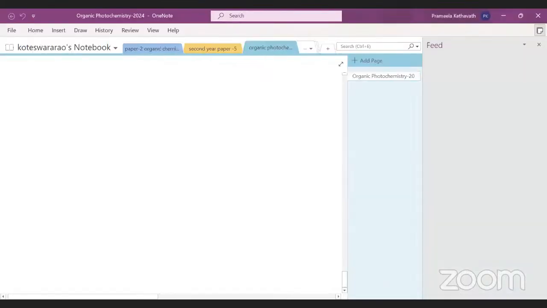Then in the above reaction, what's happening? Why is it directly producing the pi to pi star excited state? Why is it generating the pi to pi star excited state? Look at here.